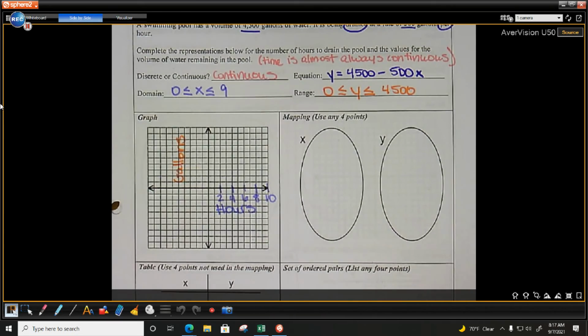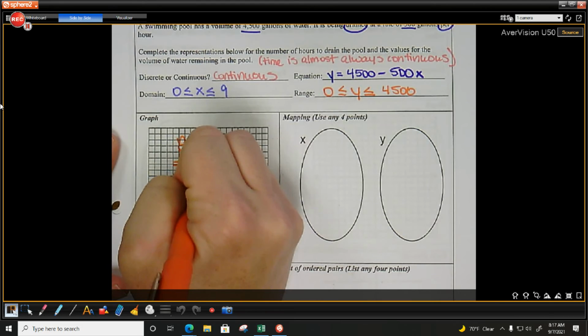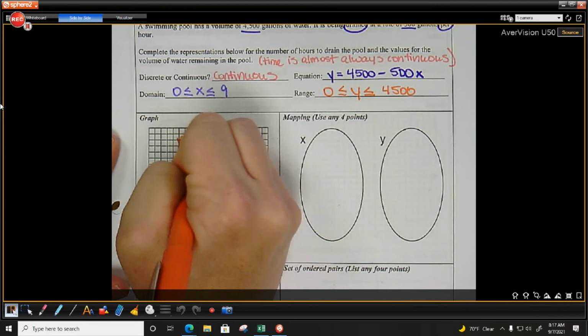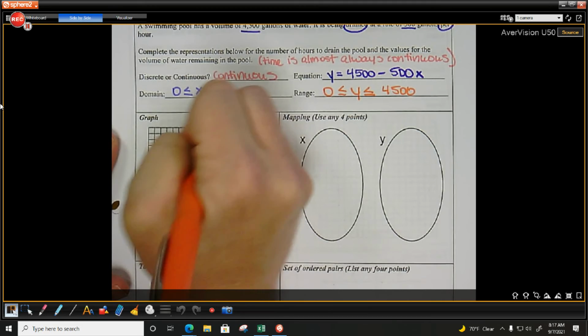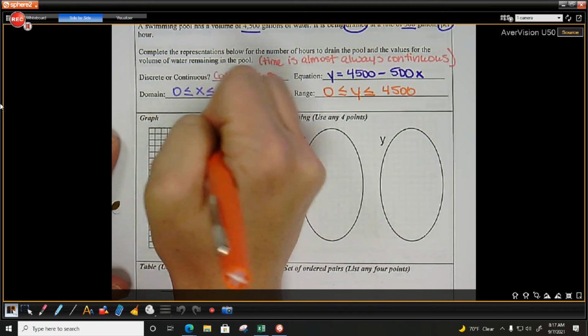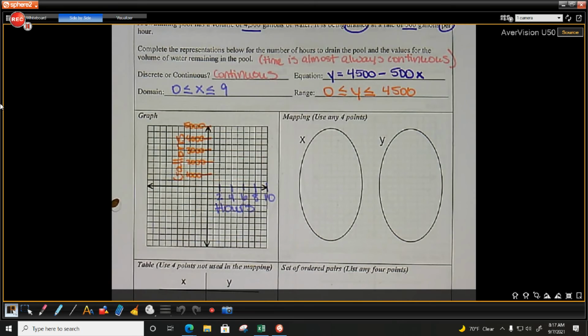Each dash mark is going to be 500, but I'm going to label every other one, so I'm labeling every 1,000. So it's 1,000, 2,000, 3,000, 4,000, 5,000.